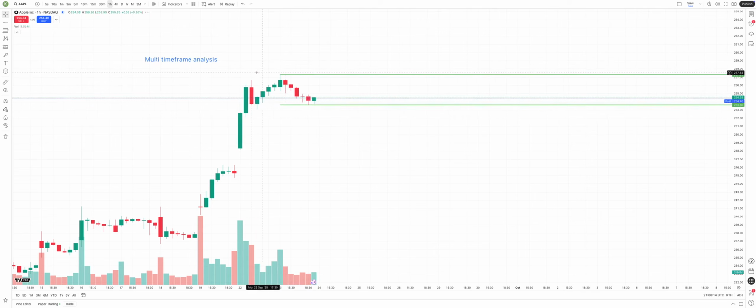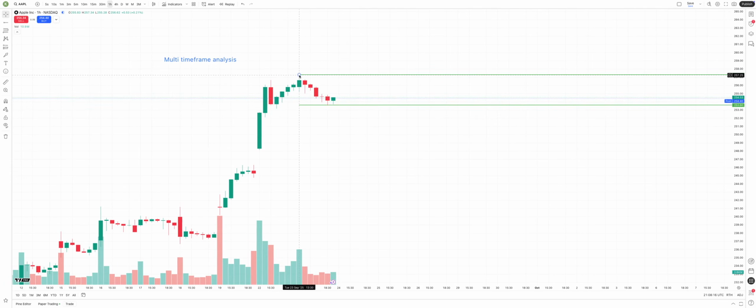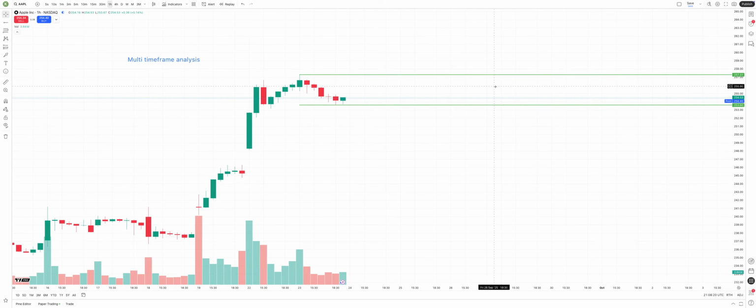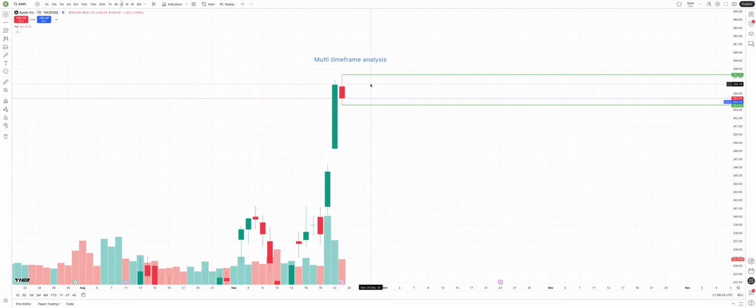Okay. All right. So here in this example, what was the high? $257.34, right? How do we know that? From the daily chart, right? We can see if we hover over that, the high is 257.34.